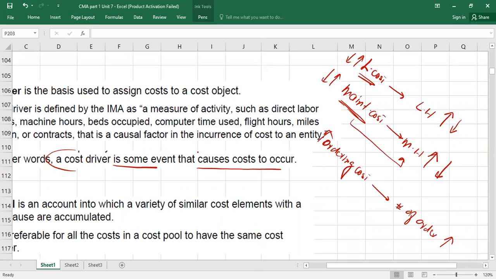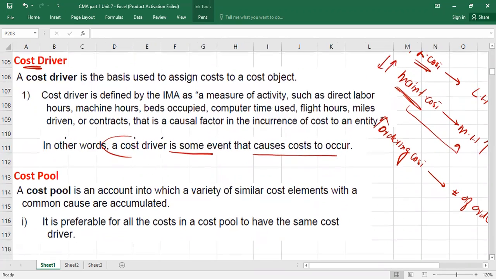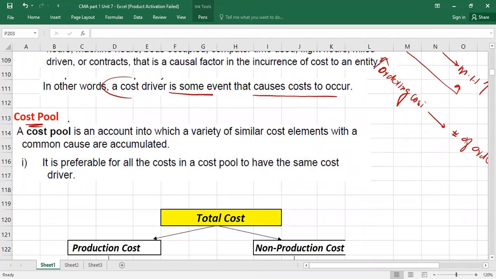Okay. So then, guys, we have another definition which is called what? Cost pool. A pool means the place, or you can say the account, where you accumulate the costs with the same cause.